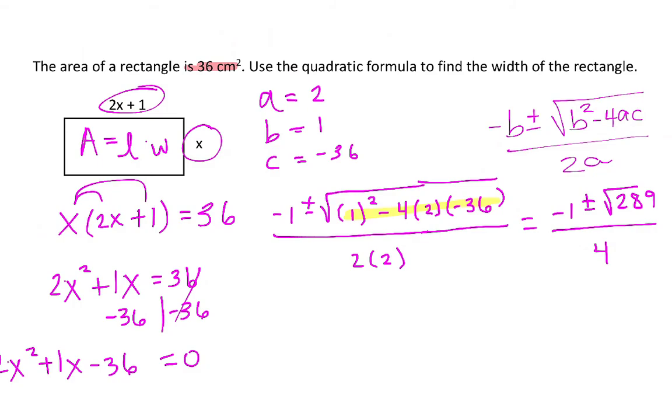Okay, now what I need to do is see, does this radical simplify into a nice pretty number? So I have -1 plus or minus, so if you don't know, type it in. Type in the square root of 289. And I know the square root of 289 gives me 17, which is pretty, divided by 4.